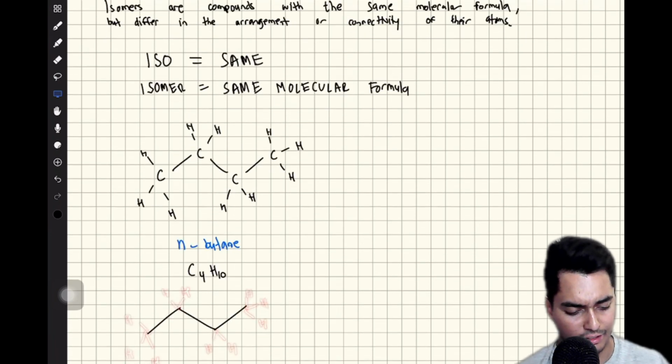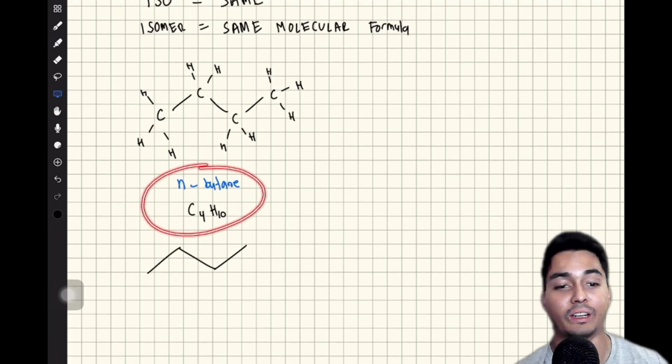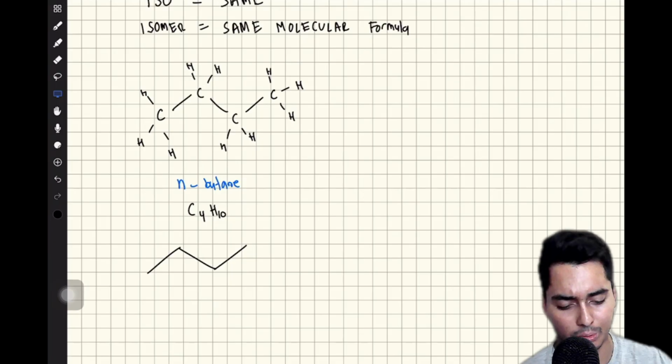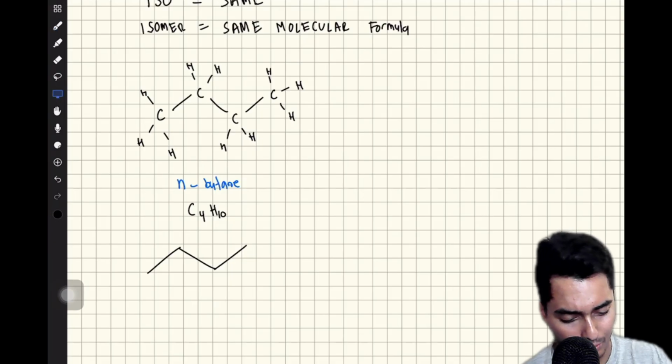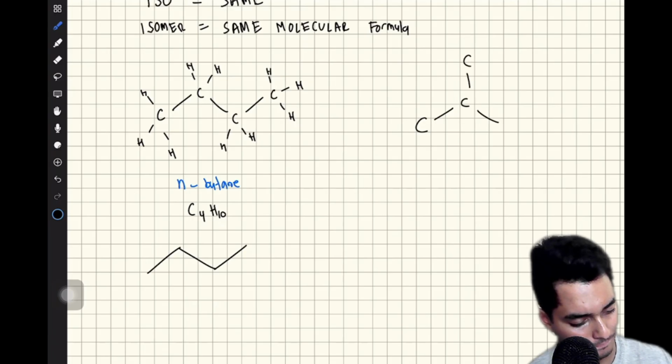Okay, so this is n-butane, C4H10, but there's an isomer for n-butane, which looks like this. Suppose we move the carbon from over here and move it to live over there. It's going to have a structure that looks like this. Notice that there's an extra H over here.